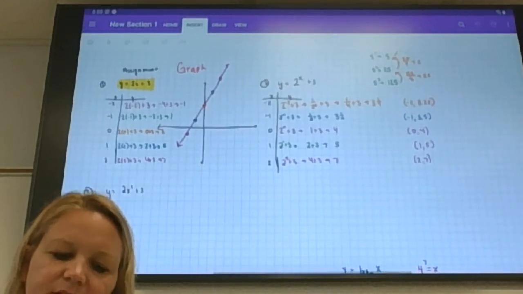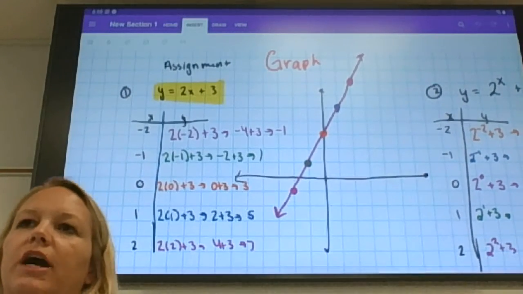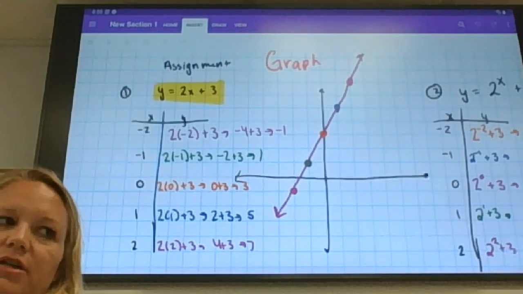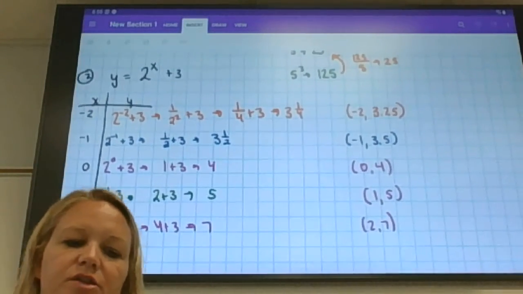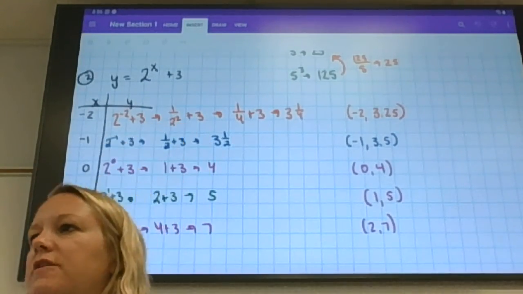Alright, so here's the linear graph that we did in class yesterday, yes or no? Now here's the exponential graph we did yesterday, but I don't believe I showed a picture of it, yes or no?